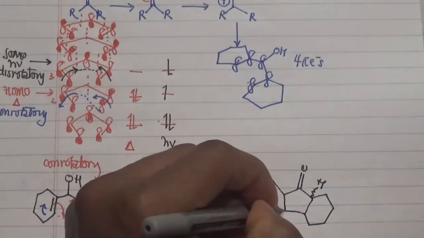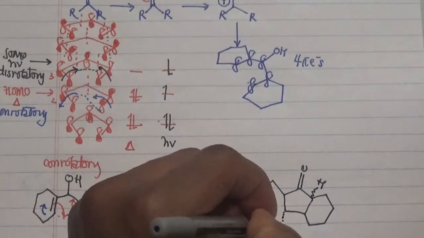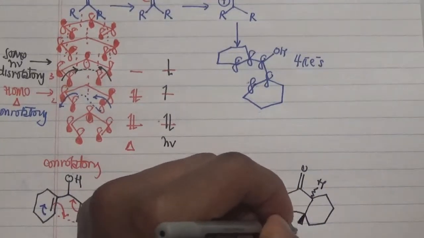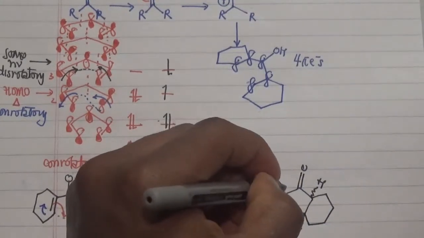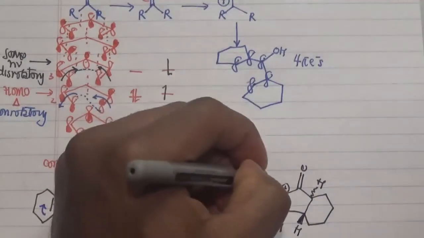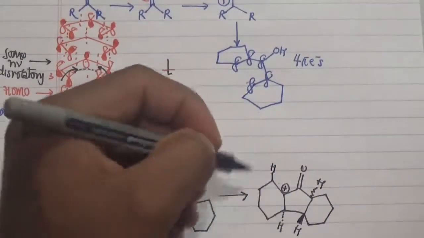And in here we have our proton that is in a trans position with respect to the other proton, and we have our positive charge here with a proton here as usual.